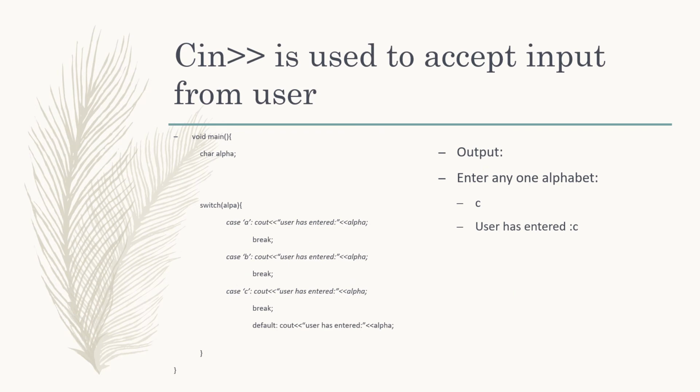Let's see one more example of switch statement. Here we will accept a value from the user. For that, like we have cout to display the value, we will have cin to accept a value from the user. So cout, we will say enter a value, so we will take any one of the alphabet.